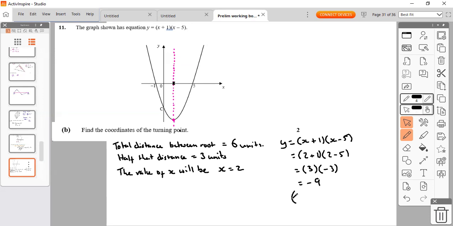So the coordinate of that turning point is (2, -9). Does everyone see what my logic was, or what my step by step was?